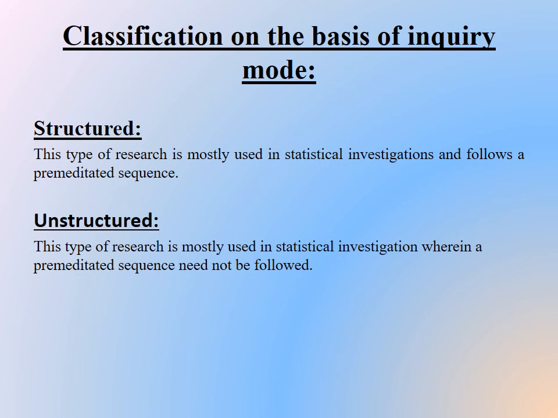Next, classification on the basis of inquiry mode. There are two types, structured and unstructured. When research is done using a premeditated sequence, then it is structured. When there is no premeditated sequence that would be followed in a research, then it would be considered unstructured.